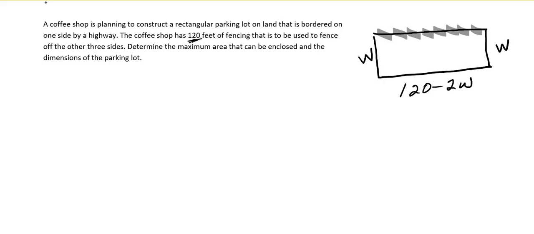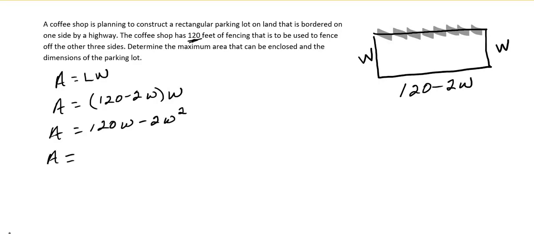2W. I also know that the area of a rectangle is length times width, and I want to maximize that area. So I'm going to substitute in 120 minus 2W for the length. I have W for the width. I'm going to distribute.